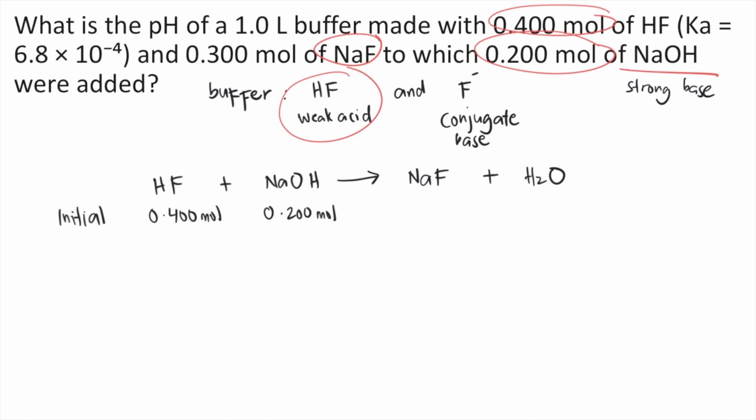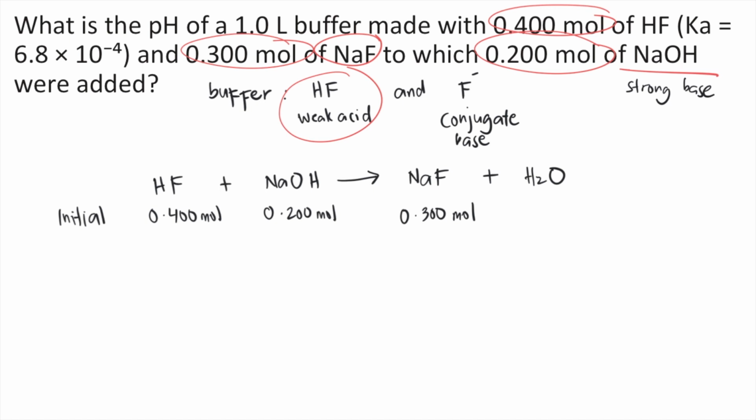For NaF, the initial amount is 0.300 moles. Let's not mind water. Although water is a product, we're not concerned about water. Let's just set aside water. Okay, so those are the initial amounts.